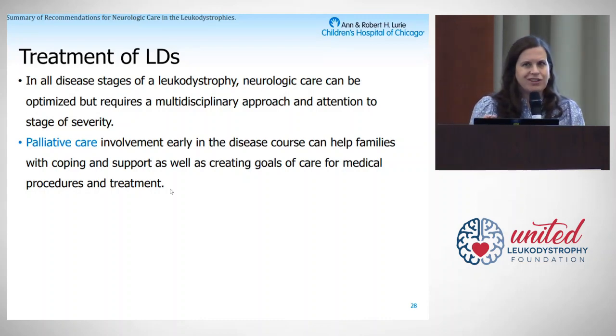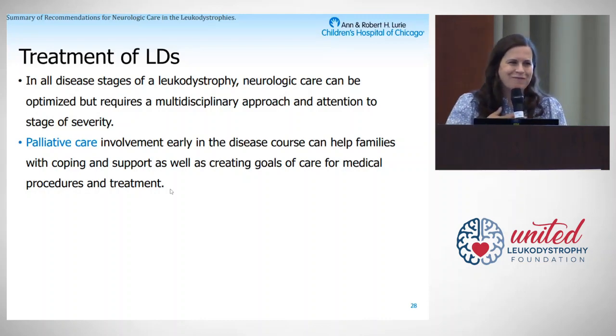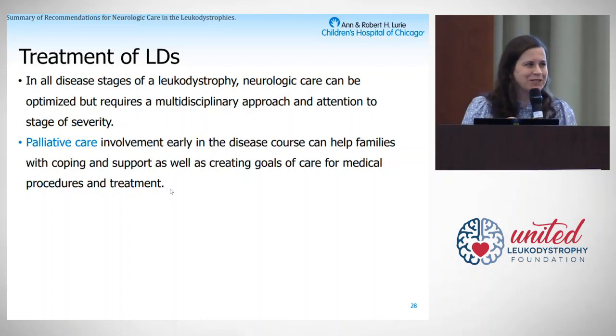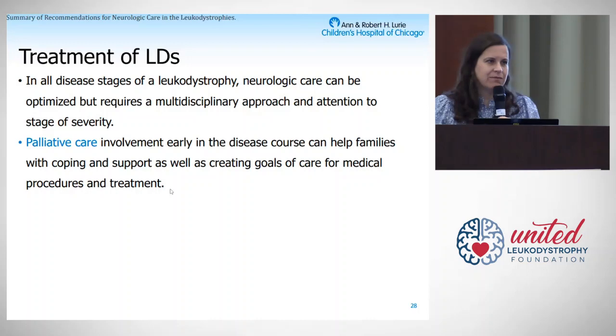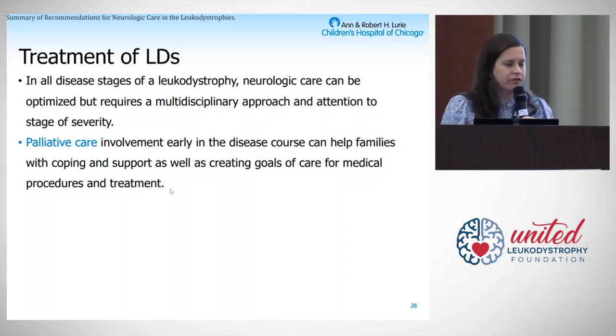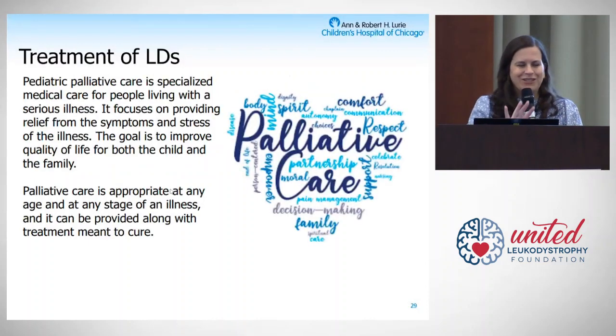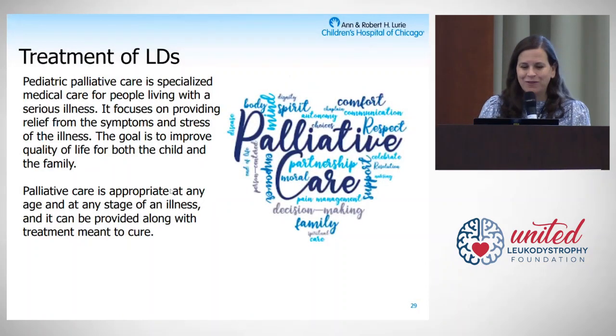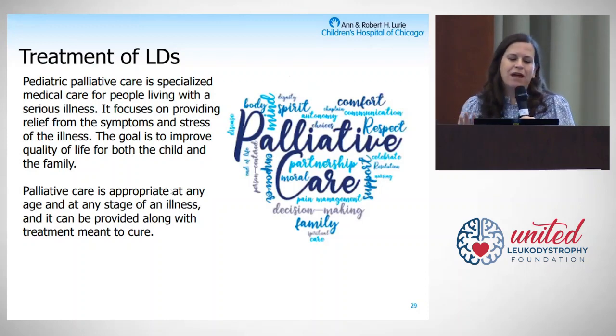Just to put a plug in for one of my favorite groups of people in the world, my palliative care colleagues. Palliative care is not synonymous with hospice care. Hospice is a subset of palliative care that deals with end-of-life issues, but palliative care is, I'm just going to hop on my soapbox for a moment, specialized medical care for people living with serious illness.